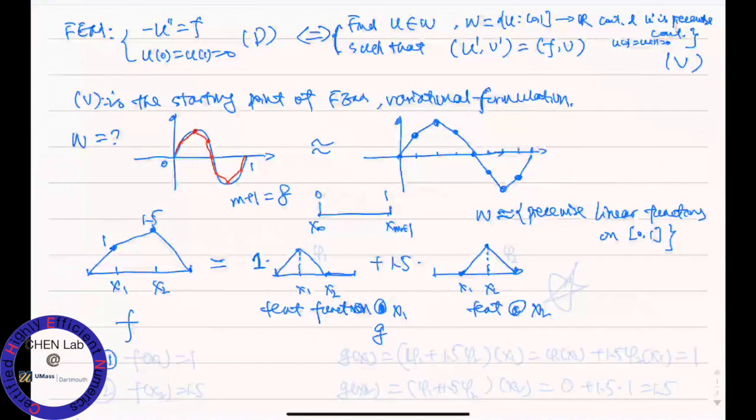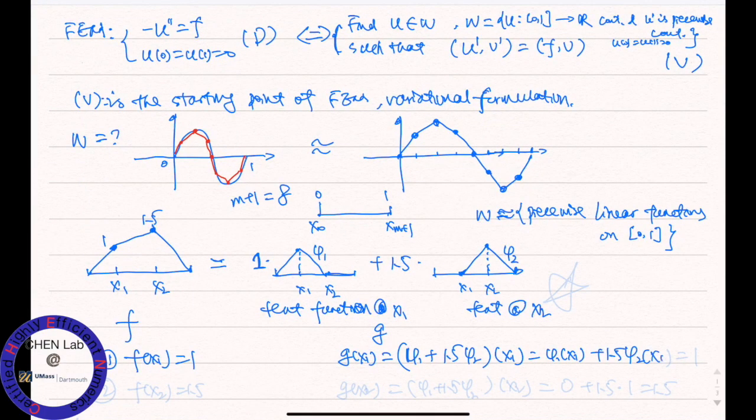We know that f at x1 is equal to 1. And g(x1): if we call the first part phi1 and this phi2, g is equal to 1 times phi1 plus 1.5 times phi2, evaluated at x1. So this is phi1(x1) plus 1.5 times phi2(x1).